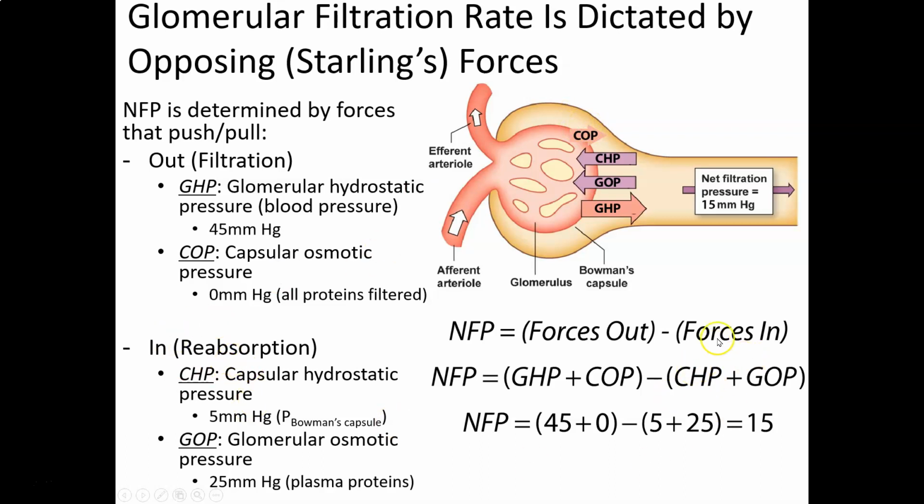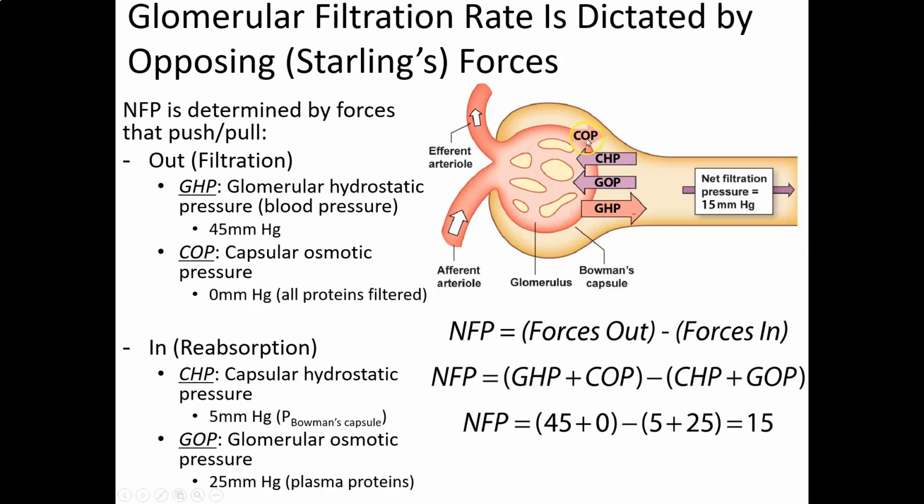The forces that act into the capillary, that's called reabsorption, are the capsular hydrostatic pressure. That's the pressure of the capsule here outside, pushing back. And then the glomerular osmotic pressure, that's the pressure due to proteins inside the capillary that pulls fluid back in. So you can see the arrows here.